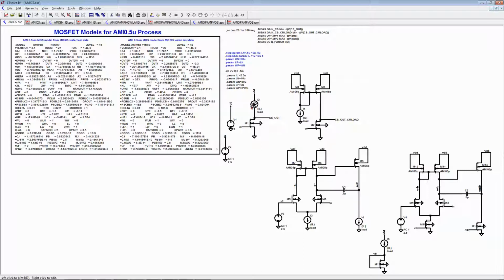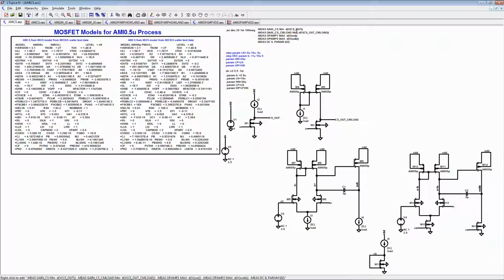I'm sweeping V in, and I have IL at 2.5 microamps, LN at 10, WN at 30. The lengths of the NMOS and PMOS are the same, and the PMOS width is twice the NMOS width. So this should give me like that ideal gain.